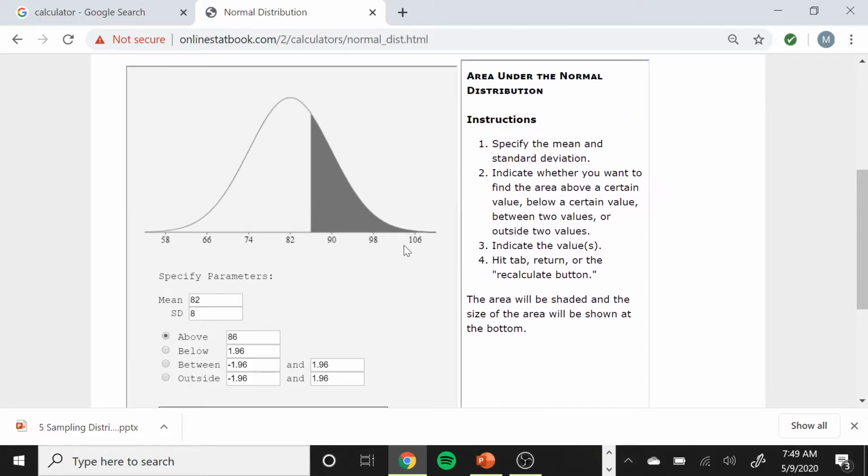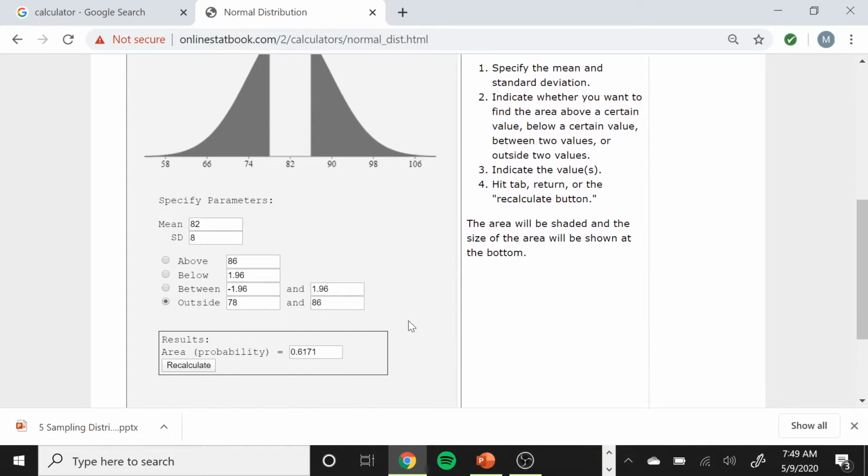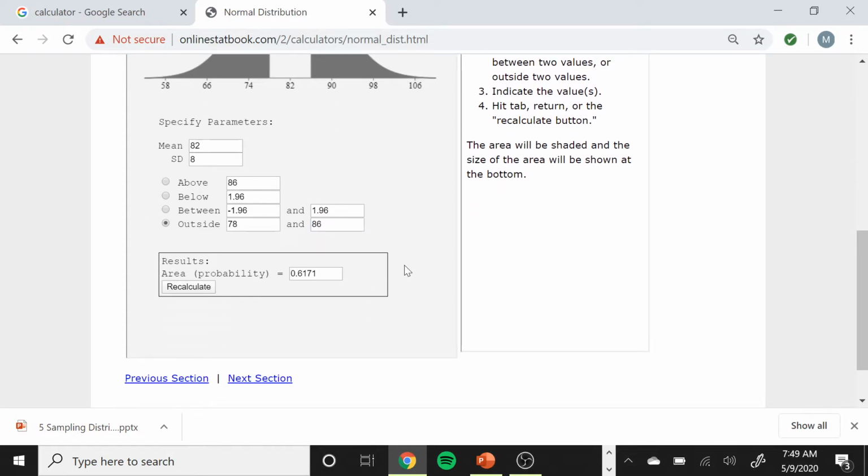So if we are looking at how likely we are to get really unusual butterflies, either big ones or small ones, we could look at the other end. That's 4 above, so we would need 4 below. So we would need outside of 78 and 86, right? And you see that's also quite likely.